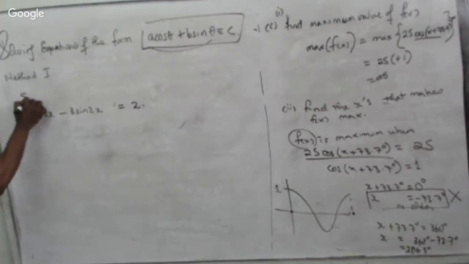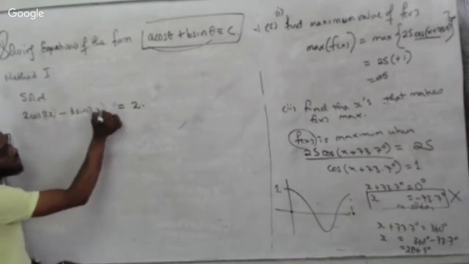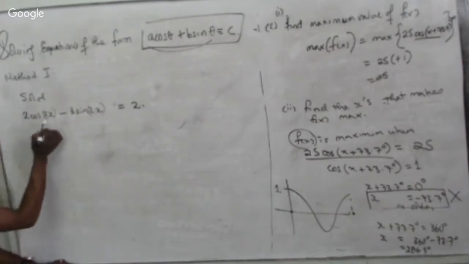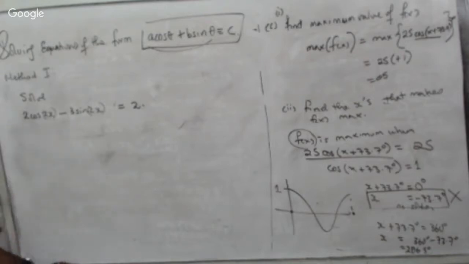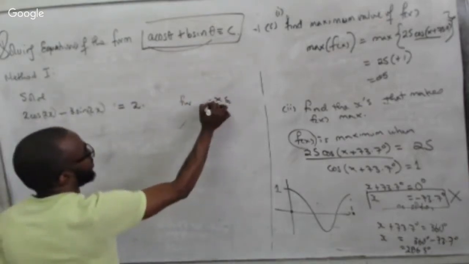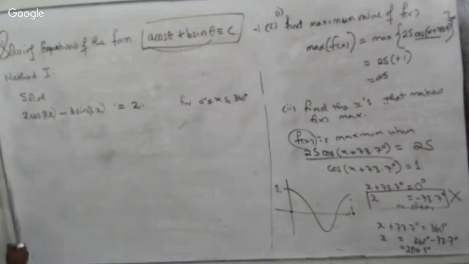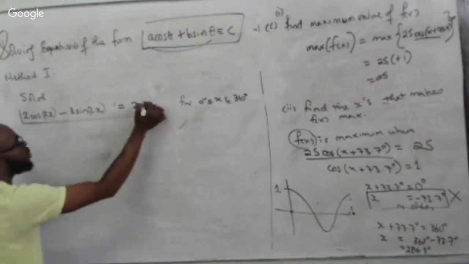Now, the first thing I would want to do as a sitting candidate is recognize that it's not x alone that is right here. By the way, this is for x in the interval 0 to 360. But this is the equation that I'm solving.